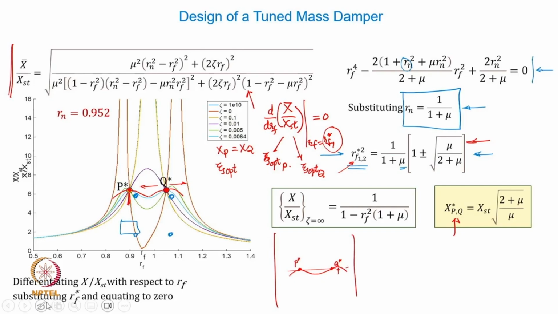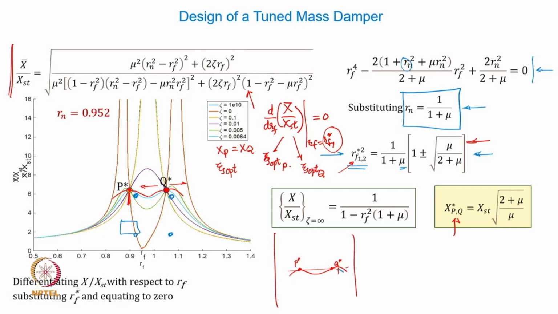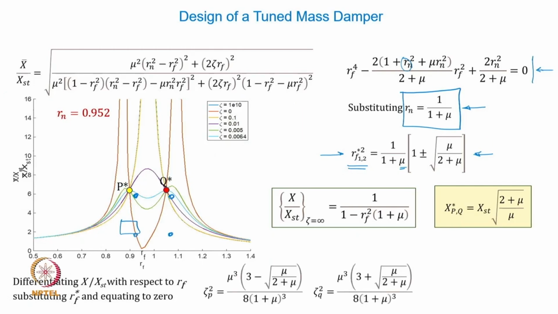If you optimize the damping ratio at q, it will definitely have a zero slope here, but maybe a slight increase will happen at point p star. So what is done is you find out zeta p star and zeta q star by the expressions that you can derive based on the process that we just discussed, and you can average out zeta p and zeta q.